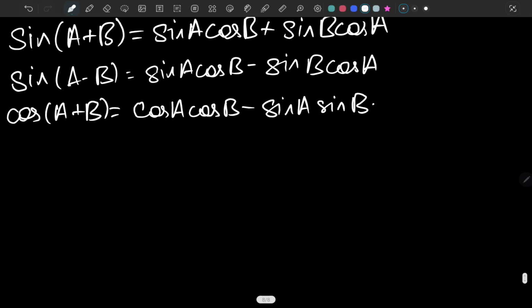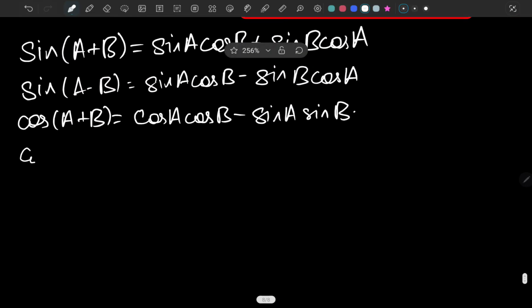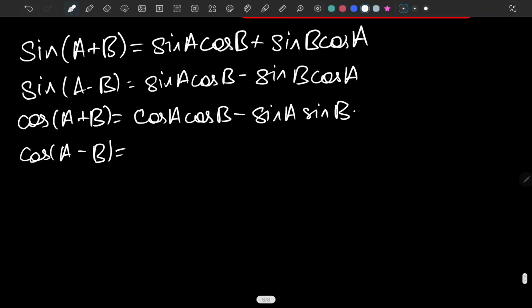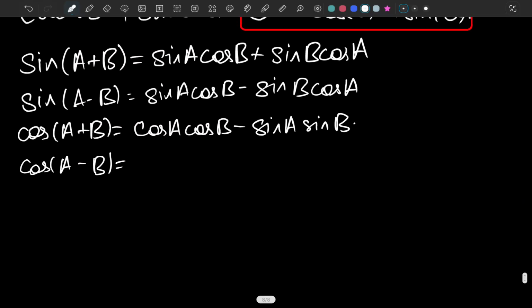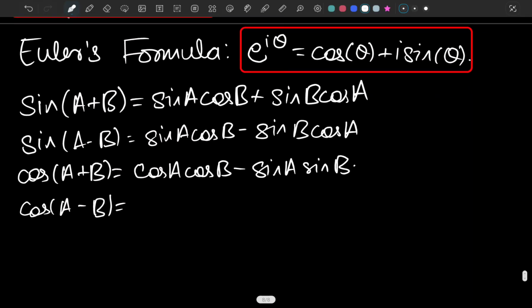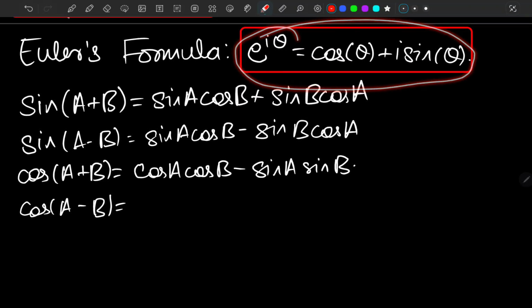And finally, if we talk about cosine of a minus b, actually we can prove this using some geometrical way, but I don't think I should introduce those things, because if you are a daily viewer of my channel, you know about this thing and you are familiar with it.